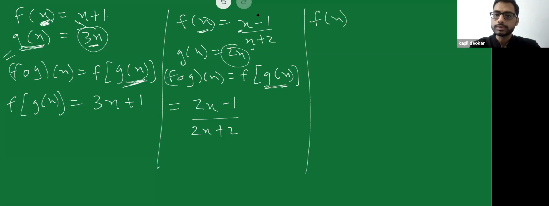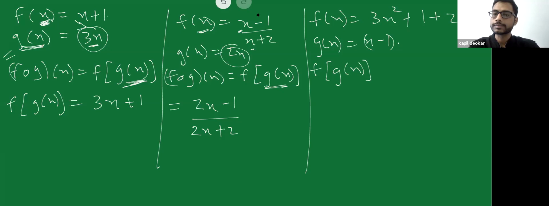Now, suppose f of x is given as 3x square plus 1 plus 2x, and g of x is given as x minus 1. Again, in this particular case, I have to find value of fog or f of g of x. So what I'm going to do, instead of x, what I want is g of x. So instead of x, g of x terms, which is x minus 1.